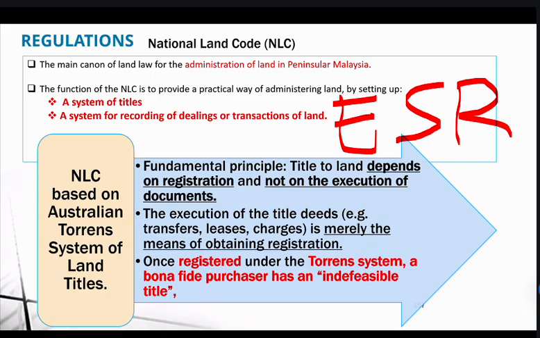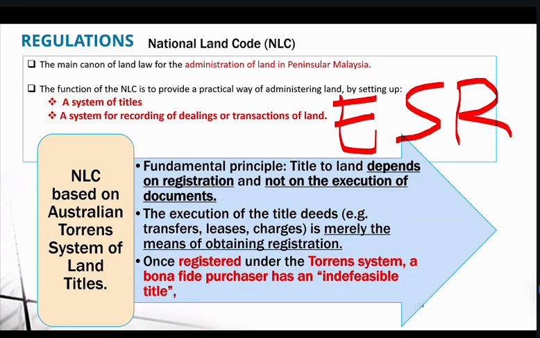Example of execution: signature, company seal. Example of stamping: ad valorem, nominal.